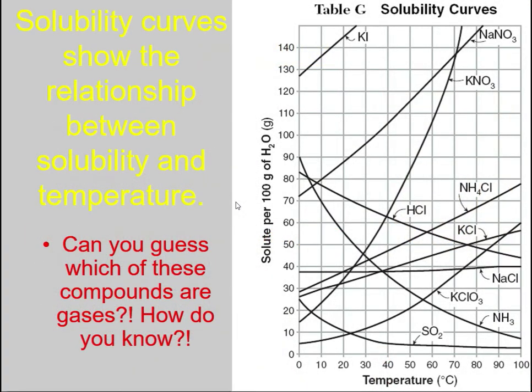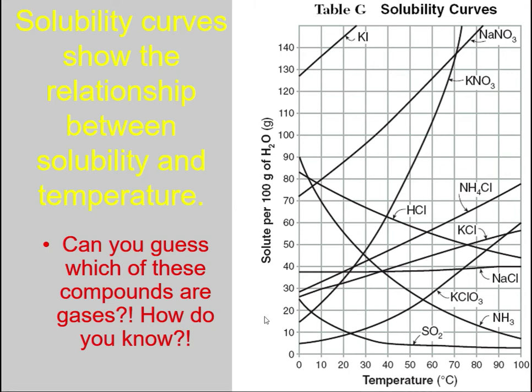So this is an example of a solubility curve. Let's read into this. On the left hand, or the y-axis, you have the amount of solute in grams that will dissolve in 100 grams of water. I'll say that again. It's the amount of the material that will dissolve in 100 grams of water.